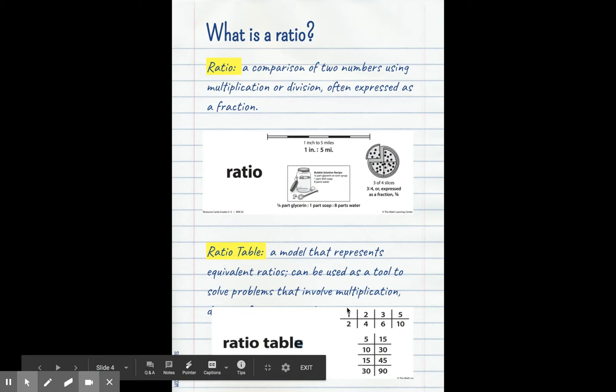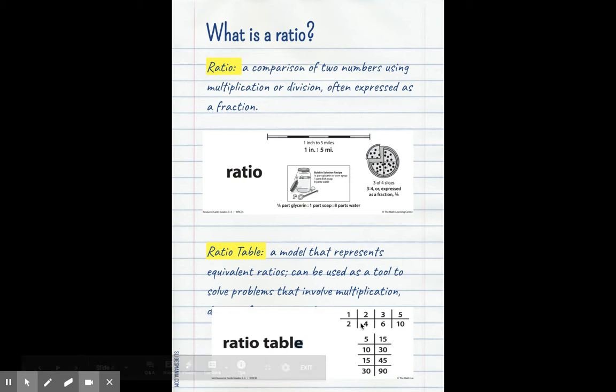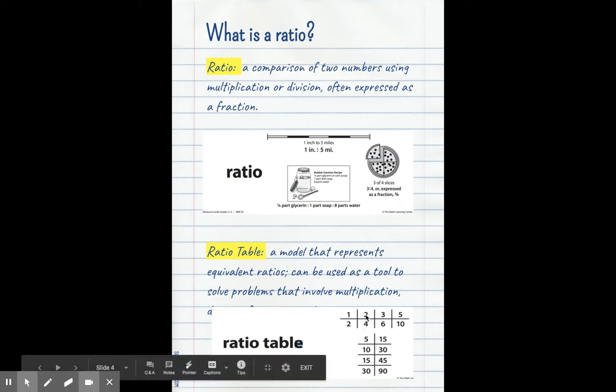So if one baseball costs $2, then two baseballs cost $4. Three baseballs cost $6, and five baseballs cost $10. You can see the ratio is just doubling each time, or multiplying by two.